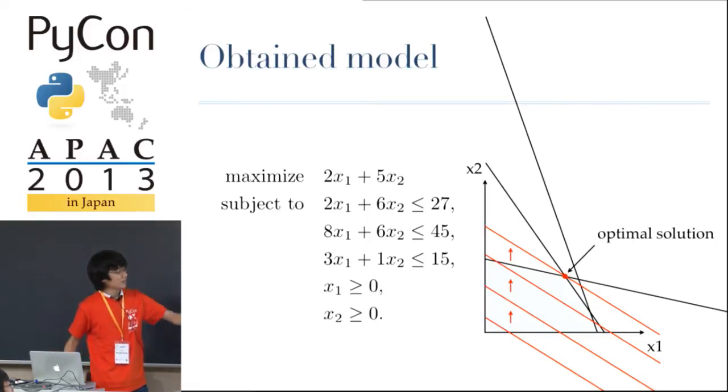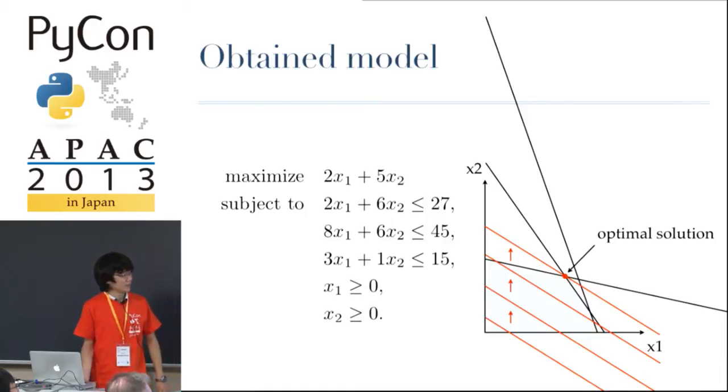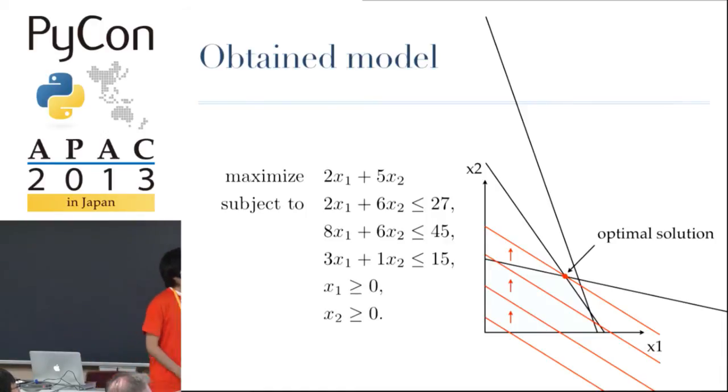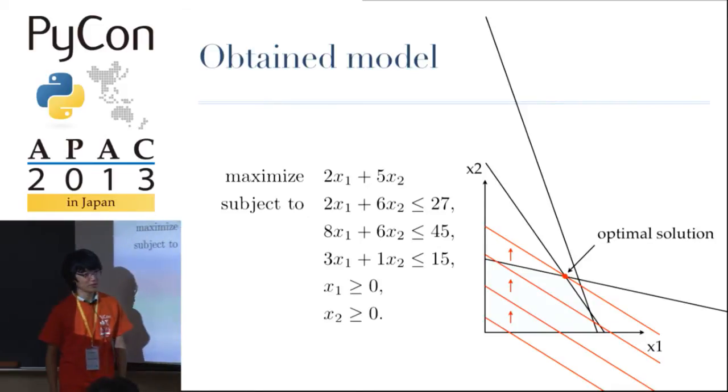This is a two-dimensional problem, so we can plot it on a plane. The light blue region is the feasible region, and the red line is the objective function.